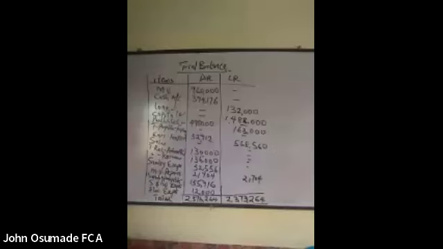When we look at those errors, we will talk about them shortly. But I want you to understand that this process of accounting, which is collection of data, those data you collect, you record them, and you collect data from your source document. I have told you, your source documents are your subsidiary books.